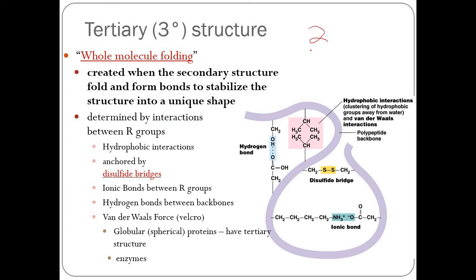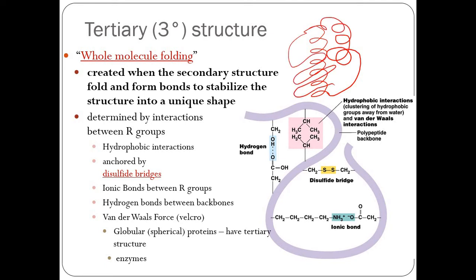So if you have this one up to the secondary structure, and it will form another of that, and another, that is the tertiary structure. It's not just the hydrogen bonding, but it includes other bonding as well. So it is determined by interaction between R groups.